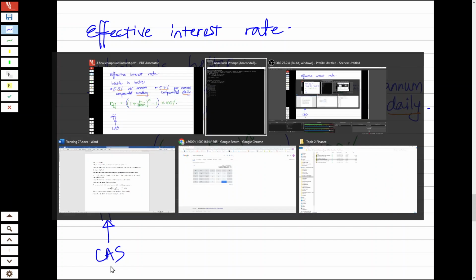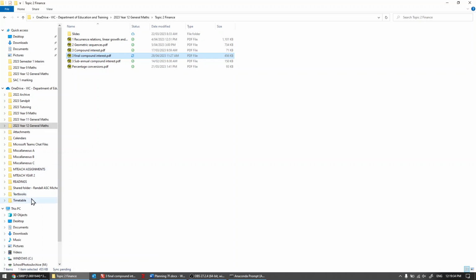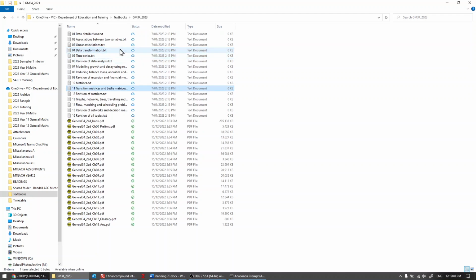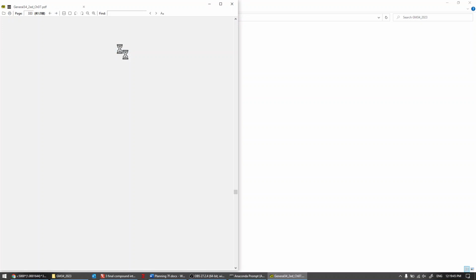So, because my textbook's being used, I'll pull it up.